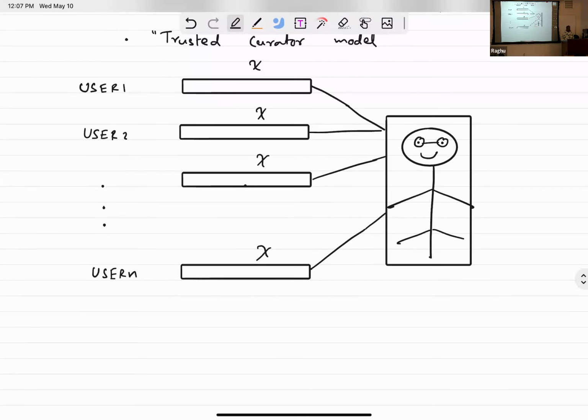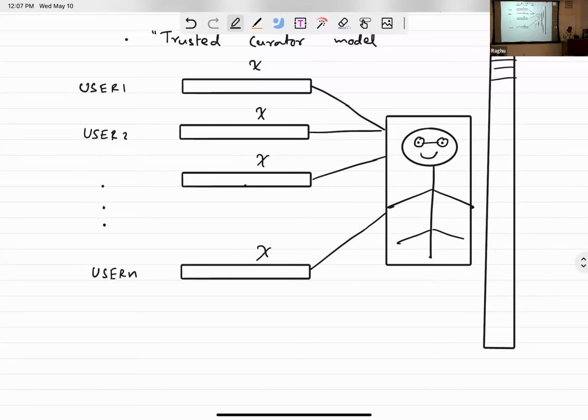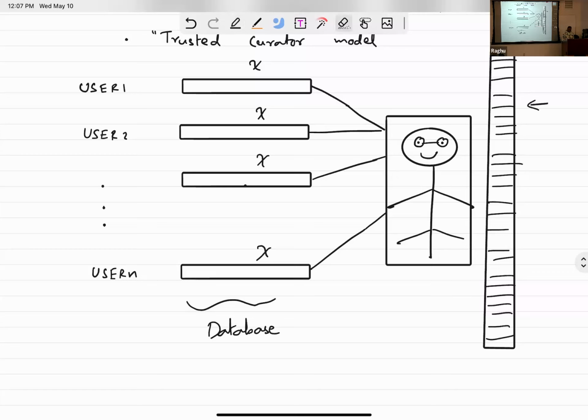But then where does the privacy come in? Now, imagine the trusted curator will build a wall or some interaction service or some API to the database. This is the database. And then you have your ML algorithms, maybe various data scientists and so on.